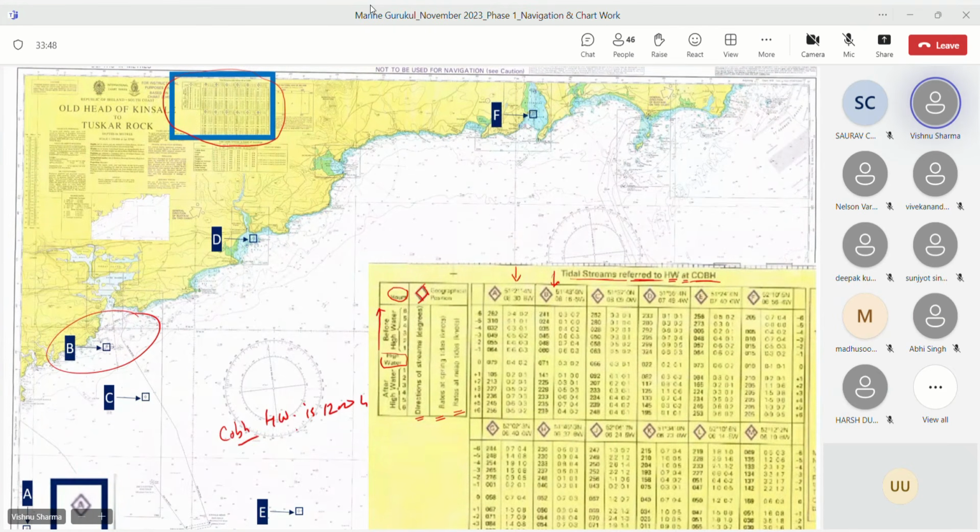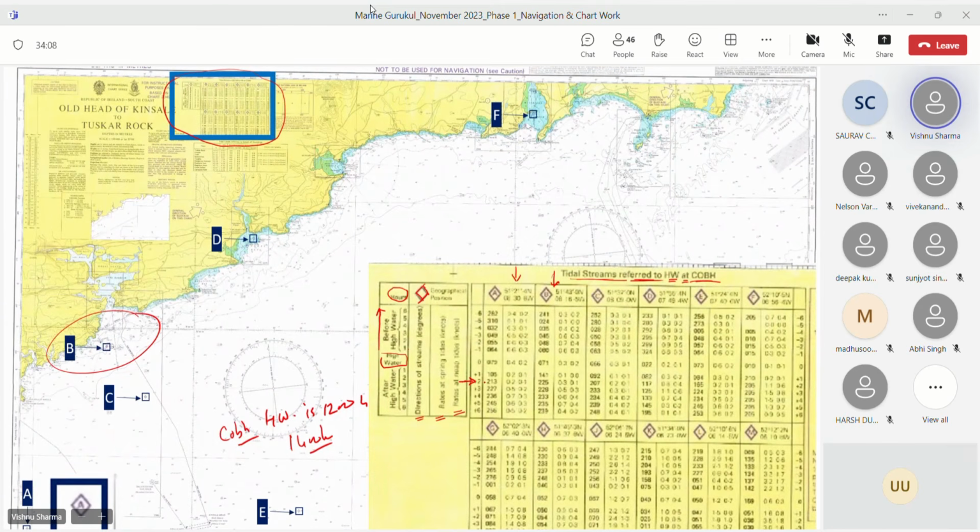And suppose I want to know what will be the tidal stream at 1400 hours. So the time for which I need the tidal stream is 2 hours after high water.